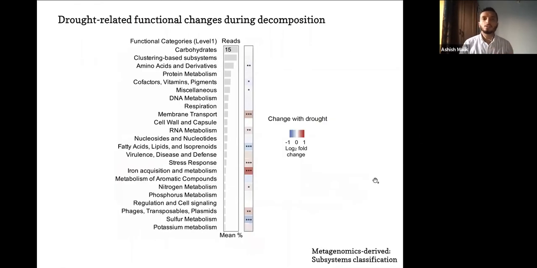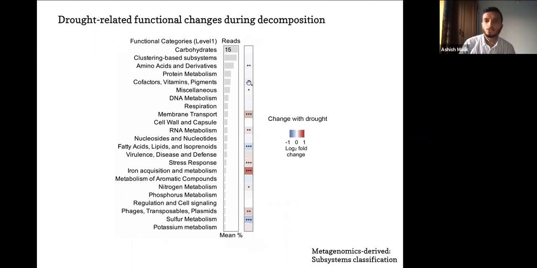Now, to dig into the functional changes during decomposition. These are all the level 1 functional categories of all the functional genes that we could annotate through our metagenomics data sets.